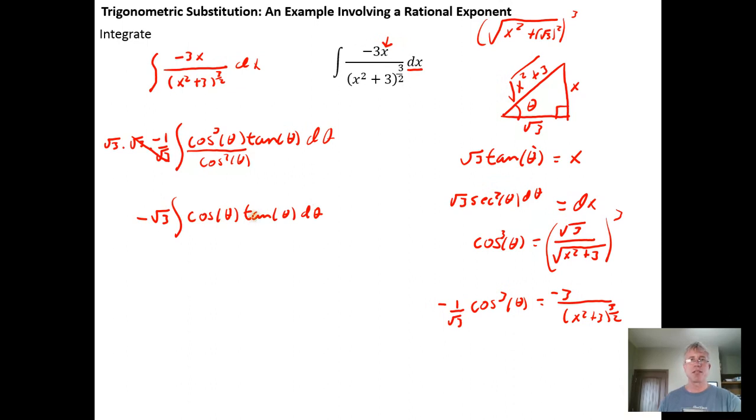And because the tangent is sine over cosine, by definition from trigonometry, the cosines will cancel. So with that tangent sitting there, what we want to recognize is that the cosine of theta times the tangent of theta is just equal to the sine of theta d theta.